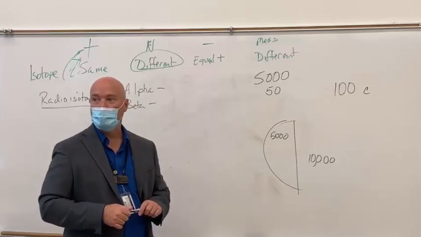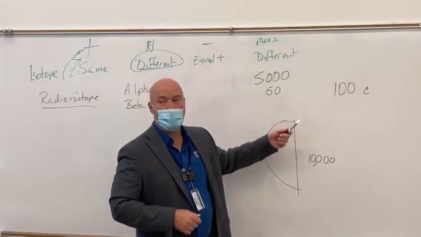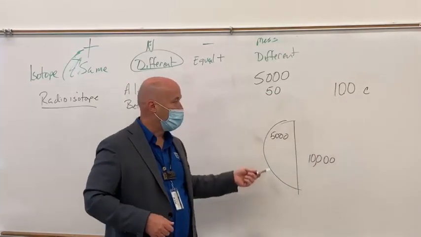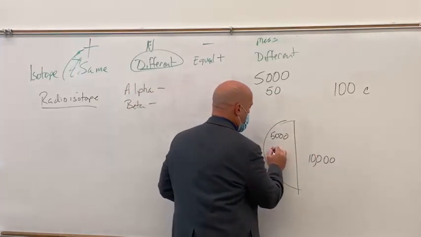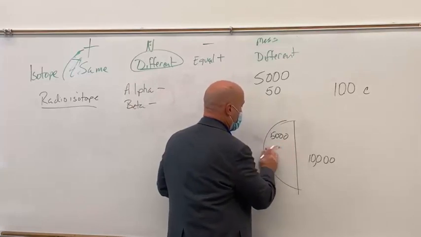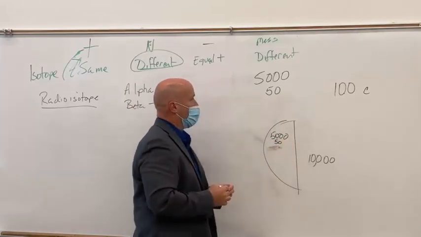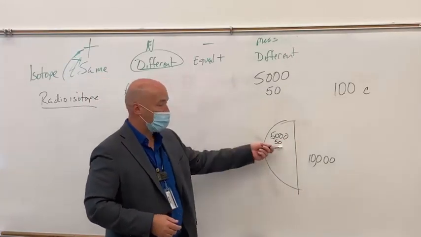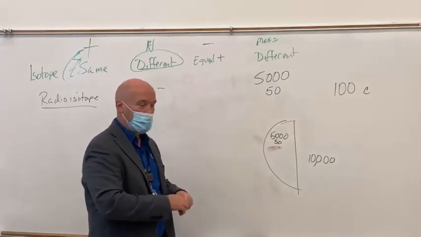The 5,000? Well, the 5,000 is the time. So this was our original intensity, so it was 100, after 5,000 years, we got to 50. So at 10,000 years, we're gonna have half of that, 25, right?